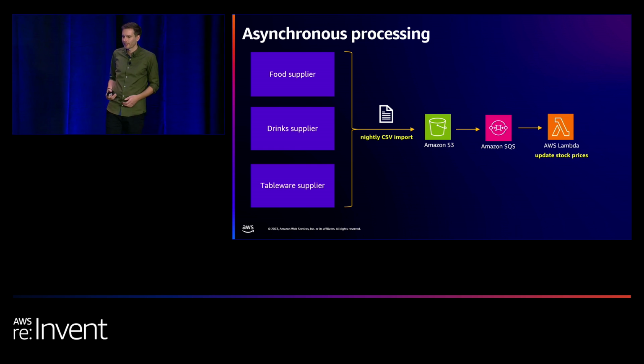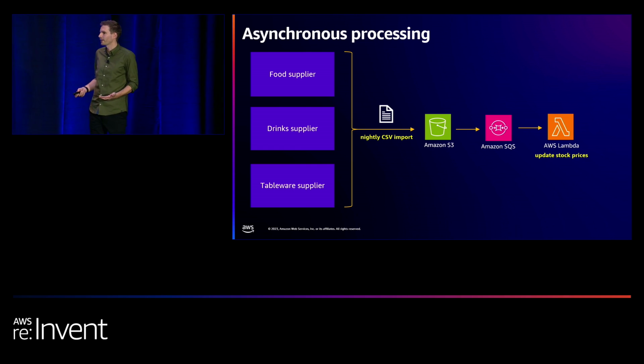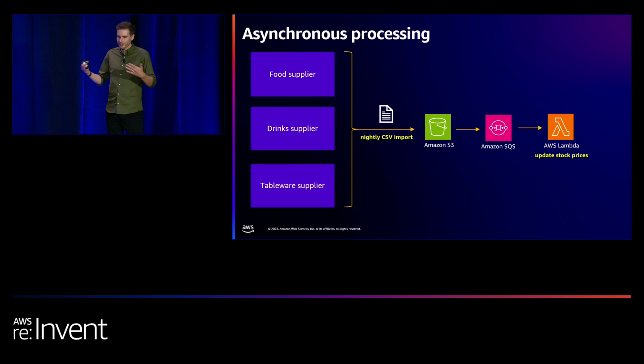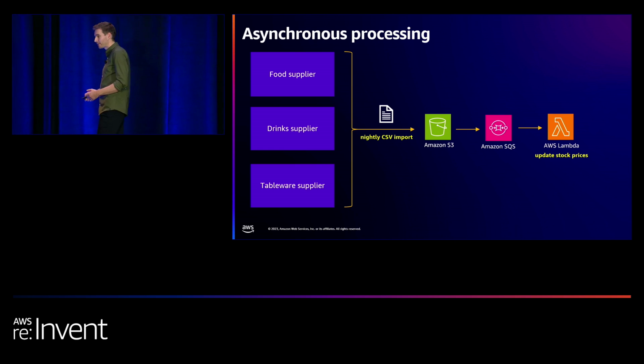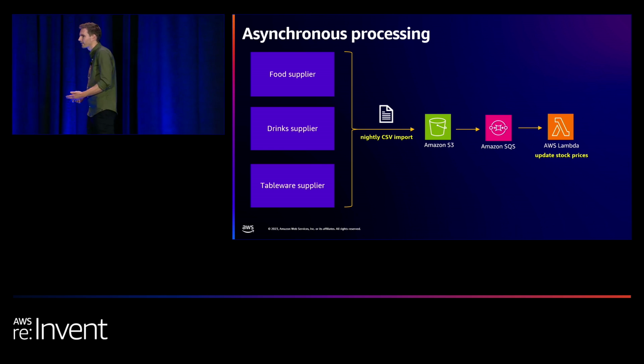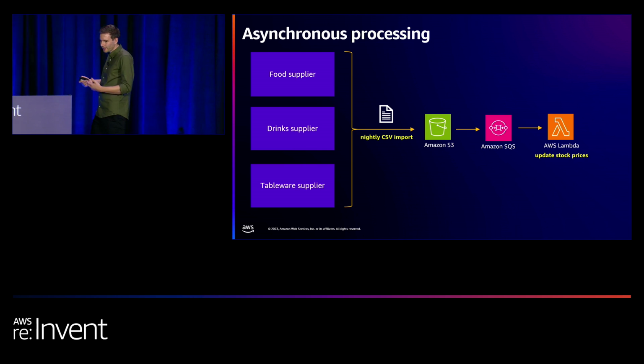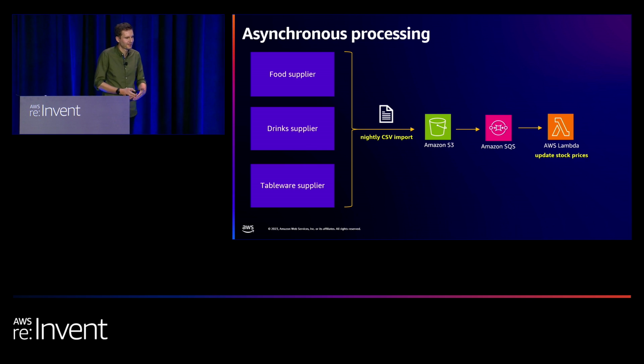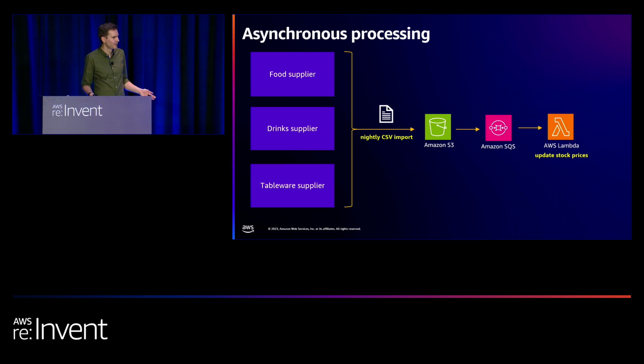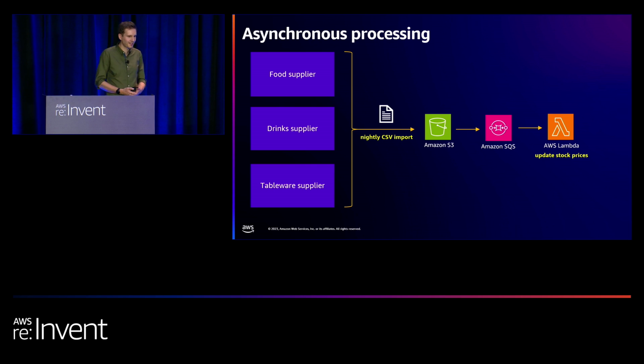Again, we have a Lambda function which is processing messages from the queue, and it will take the CSV file, extract it, and store the updated data in our DynamoDB table, which will give us the latest stock and the prices. Now, we could also invoke the Lambda function directly from S3, but using the queue gives us the ability to allow for retries and also use things like dead letter queues for unprocessed messages.